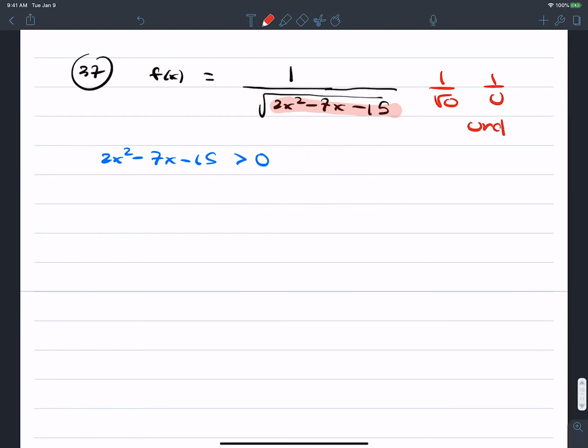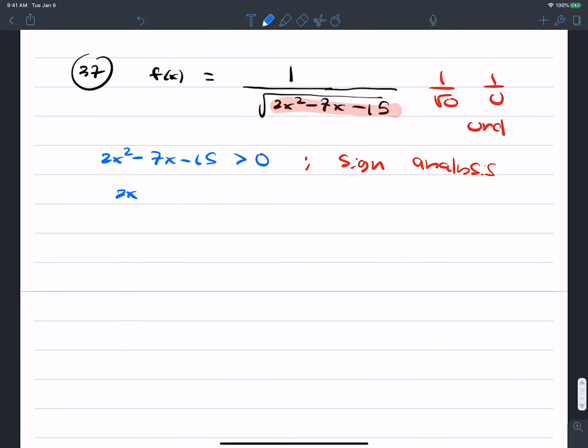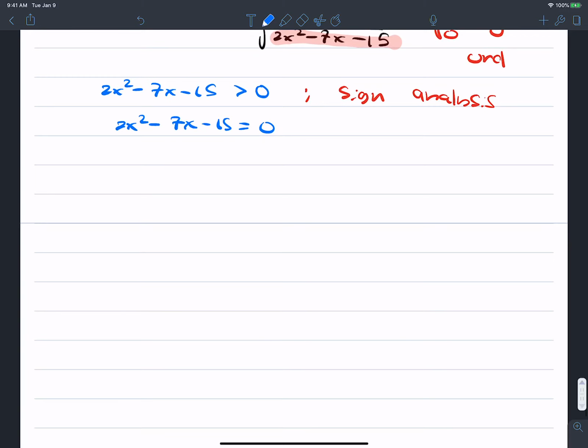So by our procedure for sign analysis again, we're going to have to solve the equality, which is 2x squared minus 7x minus 15 equal to 0. Again, you factor.